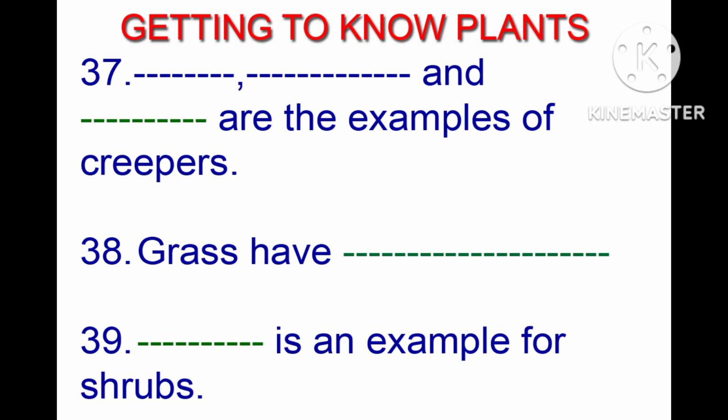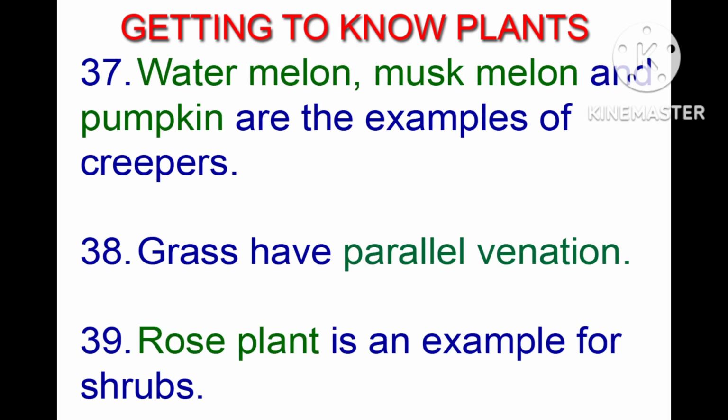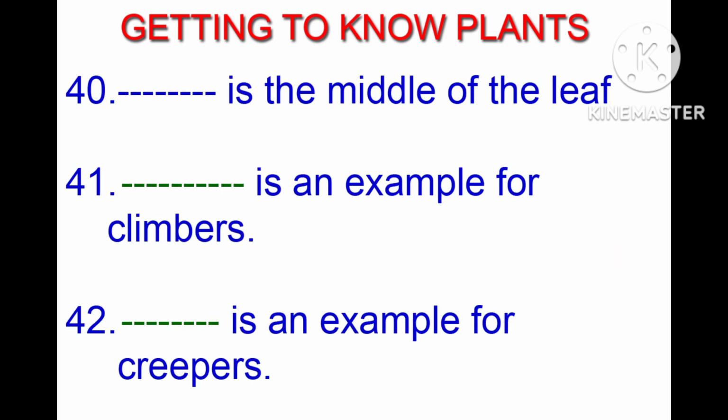Grasses have dash, parallel venation. 39th. Dash is an example for shrubs. Rose plant. 40 question. Dash is the middle of the leaf. The answer is midrib.